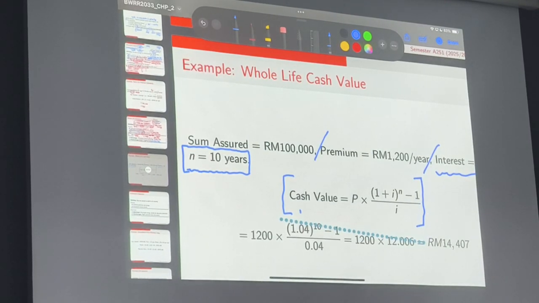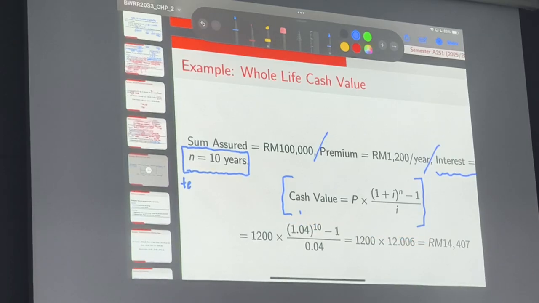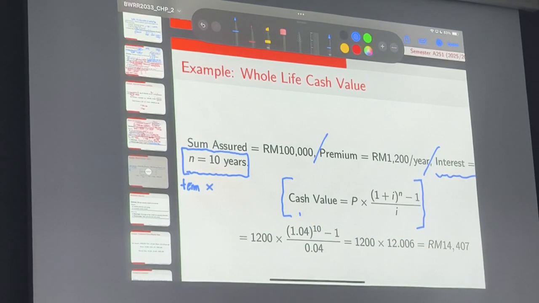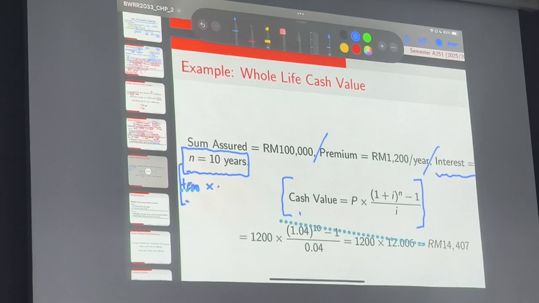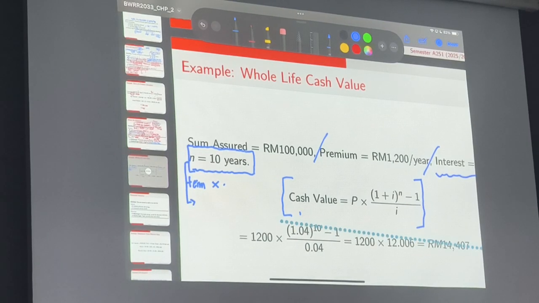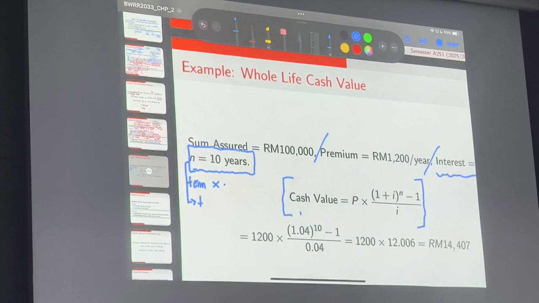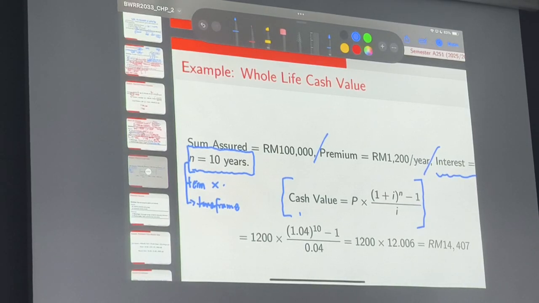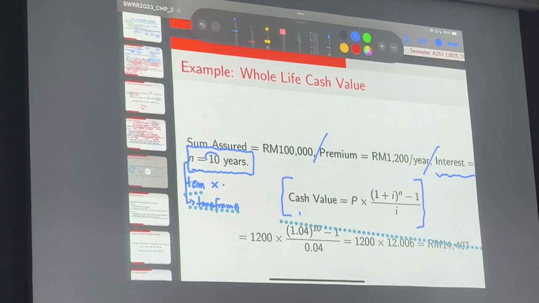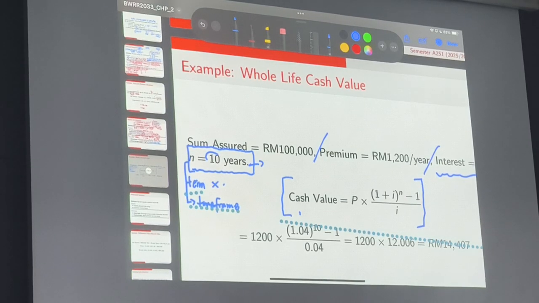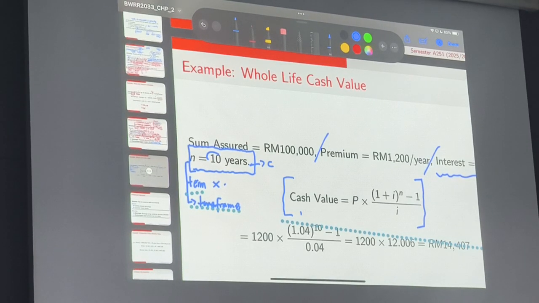And then the duration, which we want to see how much cash value we have accumulated. It is not the term, but it's the time frame we want to look at, for example after 10 years, how much we have accumulated.